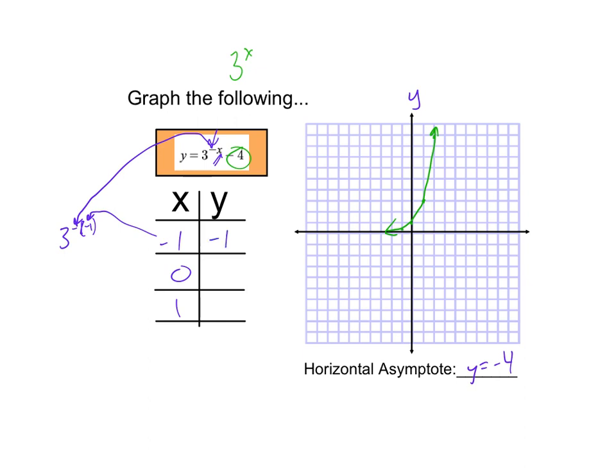So I'd have the point negative 1, negative 1. 0, again, 3 to the 0 or 3 to the negative 0. Either way, it's 1. 1 minus 4 is negative 3. And then if I put a 1 in there, 3 to the negative 1, well, that's 1/3. 1/3 minus 4 would be negative 3 2/3, or negative 3.67. So that would look like this.